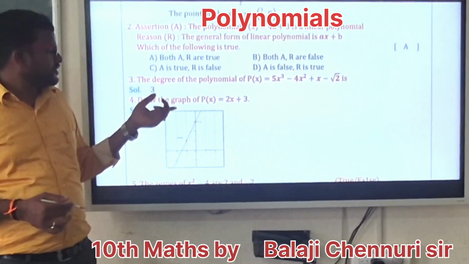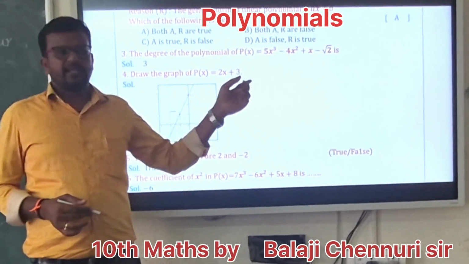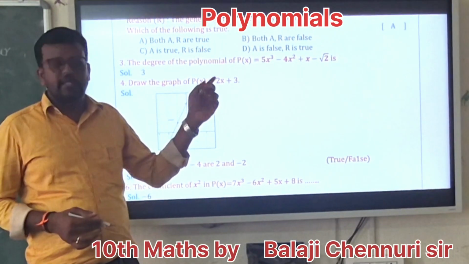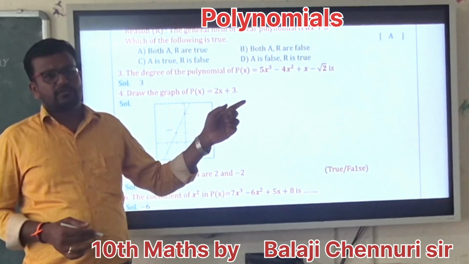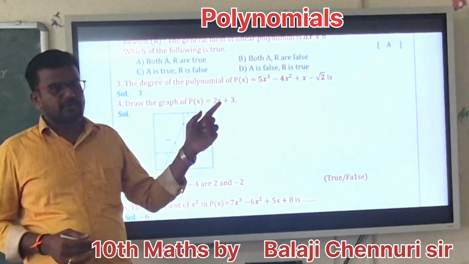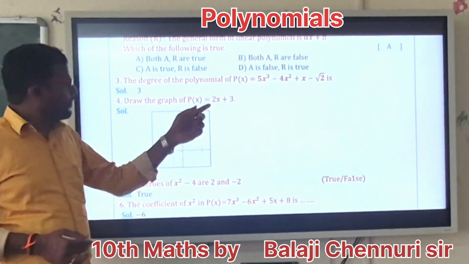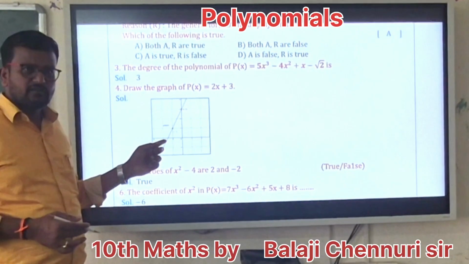Take p(x) equal to 0. Then 2x + 3 is equal to 0. 2x is equal to minus 3. x is equal to minus 3 by 2. Then it cuts the x-axis at minus 3 by 2, which means minus 1.5.